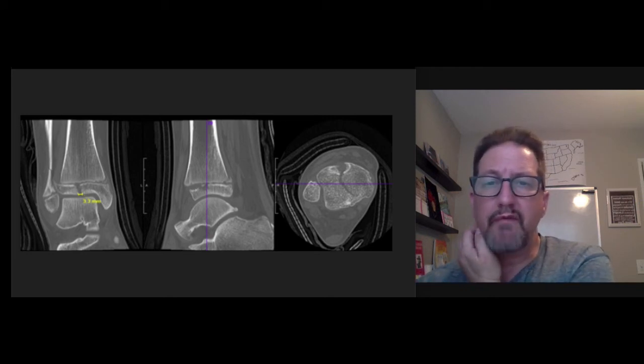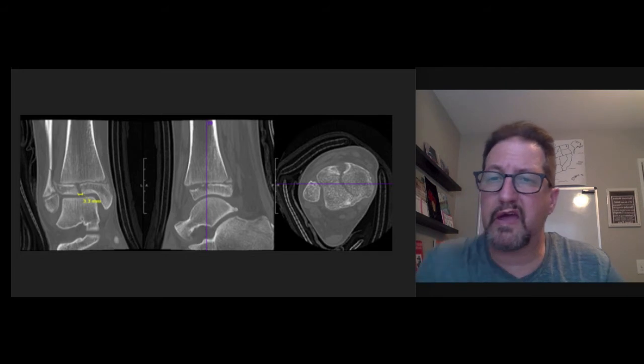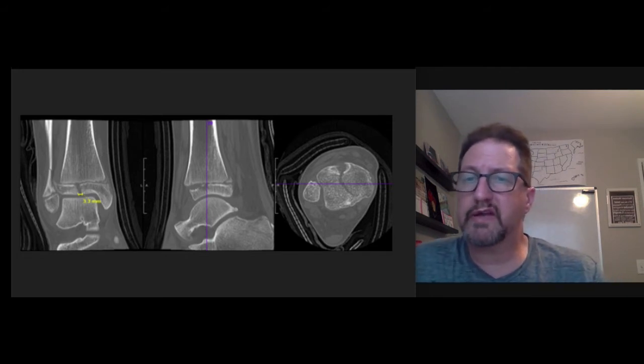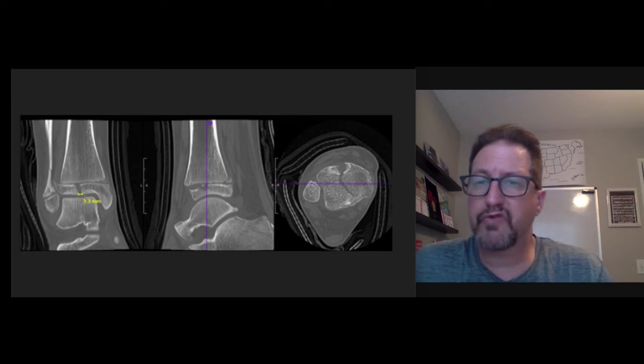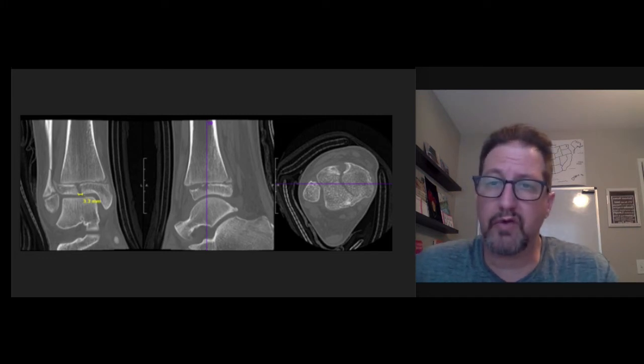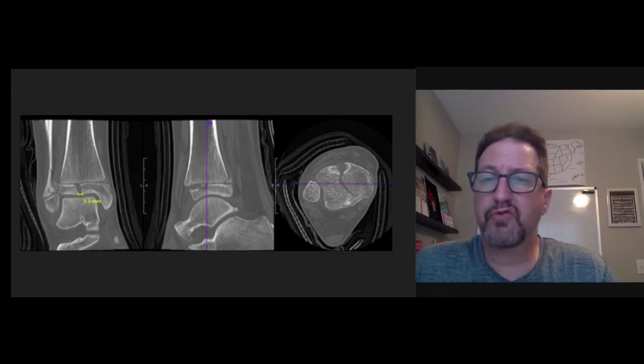So obviously for somebody like this, if you're going to fix this because it is an intra-articular fracture in a kid, and you want to try to get this anatomically reduced so the child doesn't end up with ankle arthritis. So you remember one of the principles is not to cross the growth plate with anything if you can help it, but if you really have to, you can use a K-wire.